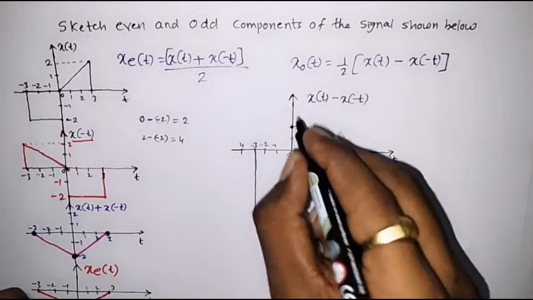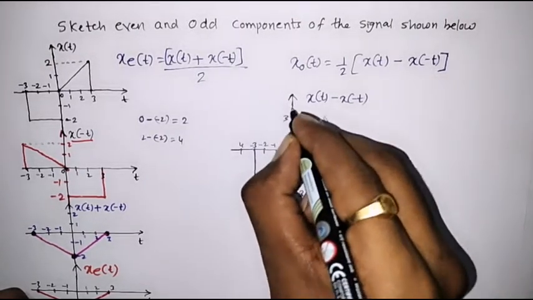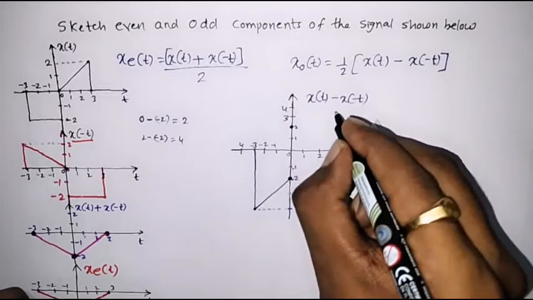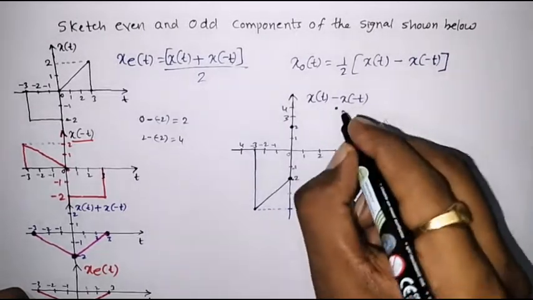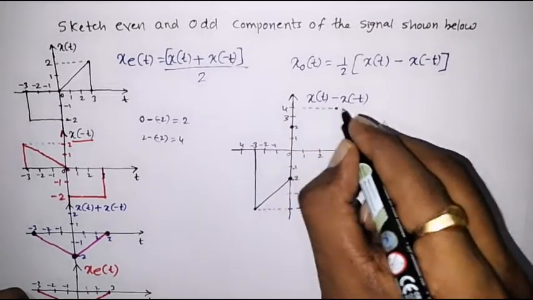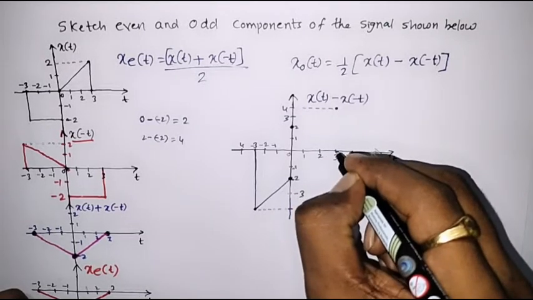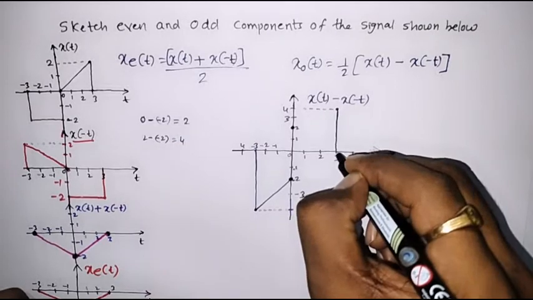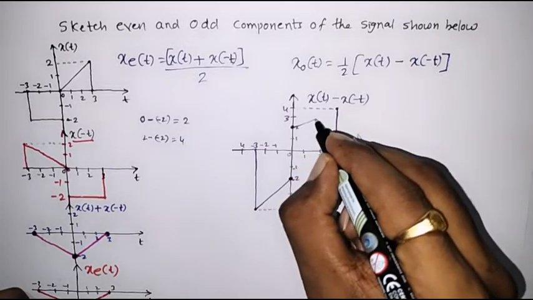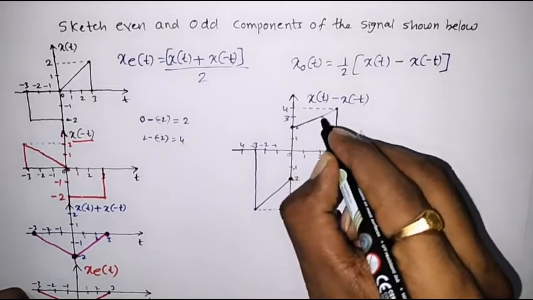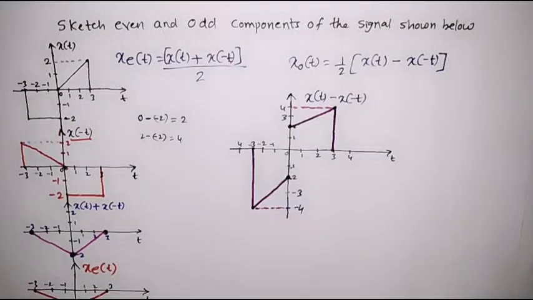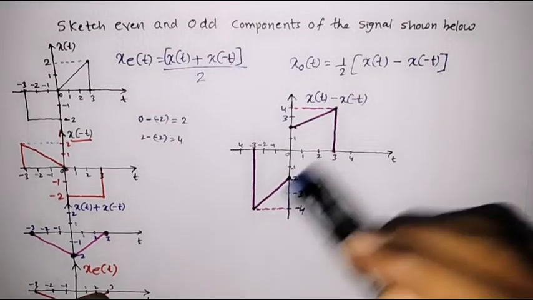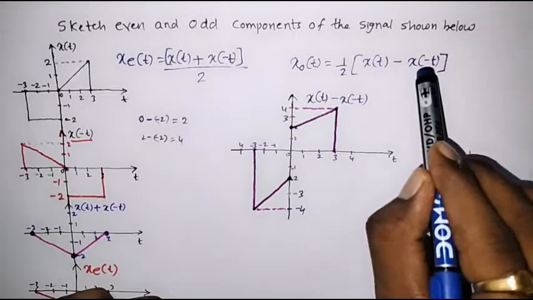That is 1, 2, here somewhere is 3 and this is 4, and here I'll mark this is 4 at t equal to 3. So now I'll join these 2 points, and here to here I will join. Now this is x of t minus x of minus t.